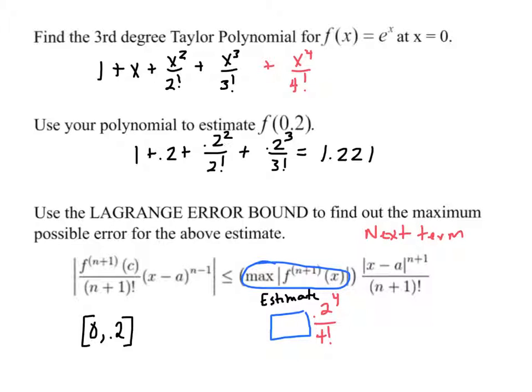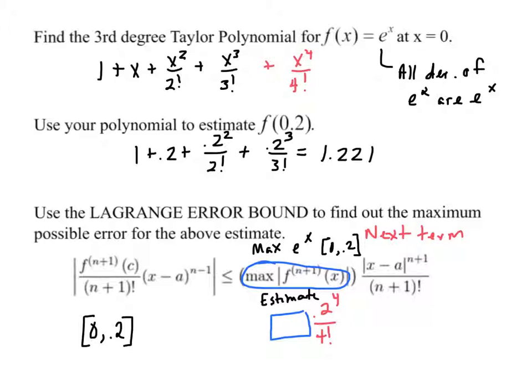All the derivatives of e are e. So that makes this easy, because essentially we're just maximizing e to the x on the interval from 0 to 0.2. Well, we know what e to the x looks like, right? We know it's increasing, so we know e to the 0.2 is the maximum value of e to the x.